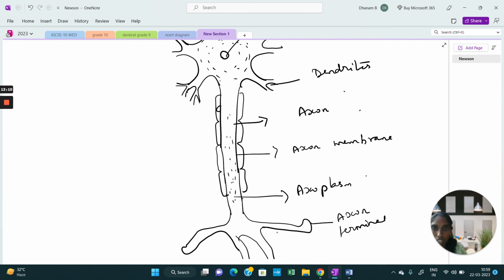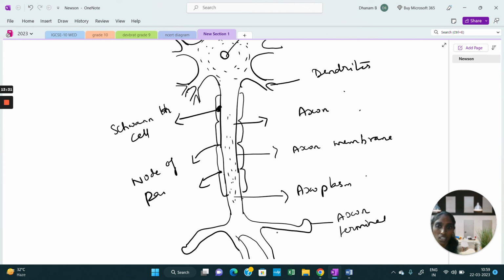The Schwann cells present around the axon, that only makes the formation of the myelin sheath. And this is the node of Ranvier. This is the region, node of Ranvier. I think you understand this topic very clearly.